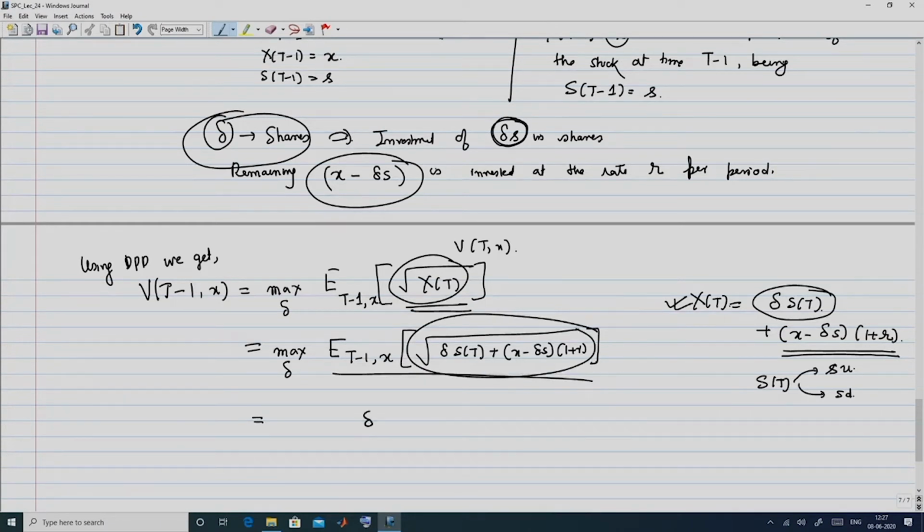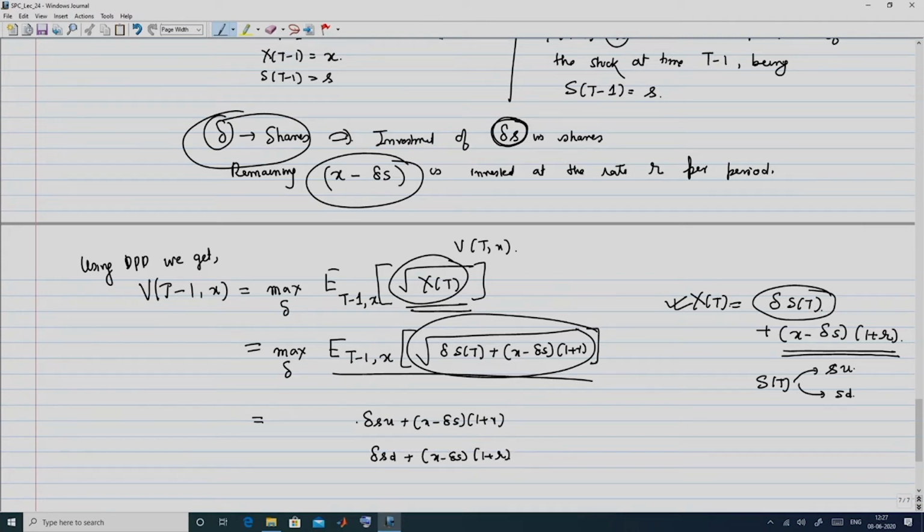Either it is going to take delta s u plus x minus delta s into 1 plus r, or it is going to take the value delta s d plus x minus delta s into 1 plus r.